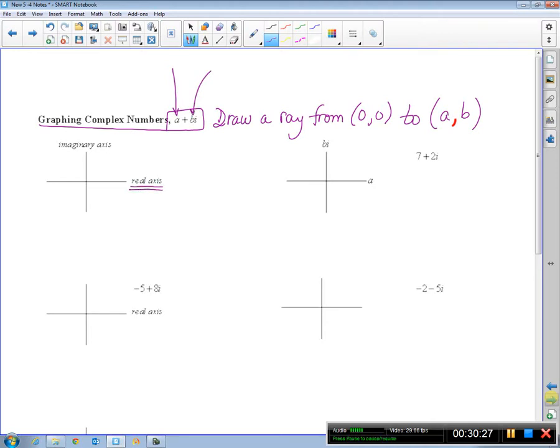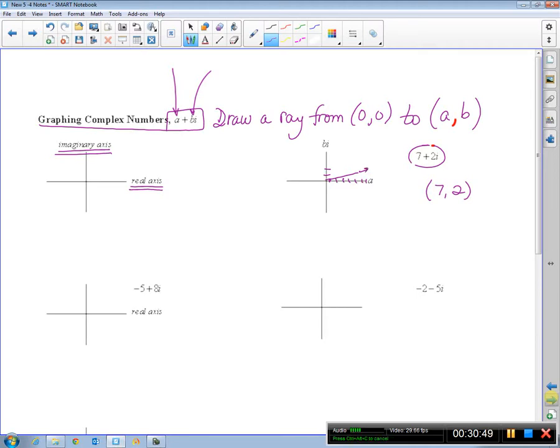You have a real axis and imaginary axis, just like I did before. So if we want to graph 7 plus 2i, we're going to draw a ray to the point (7, 2). From the origin, 1, 2, 3, 4, 5, 6, 7, 1, 2, and a ray needs to stop right on the point.